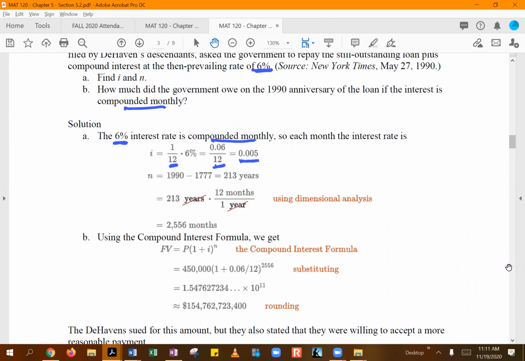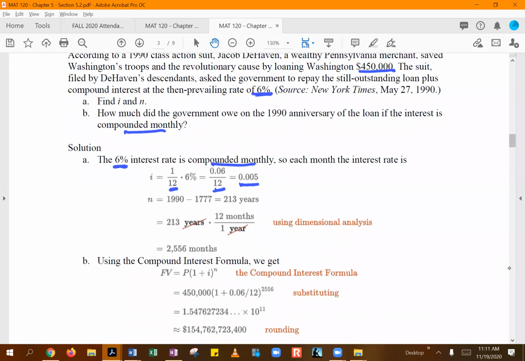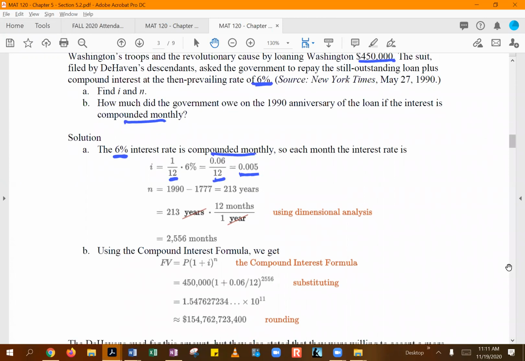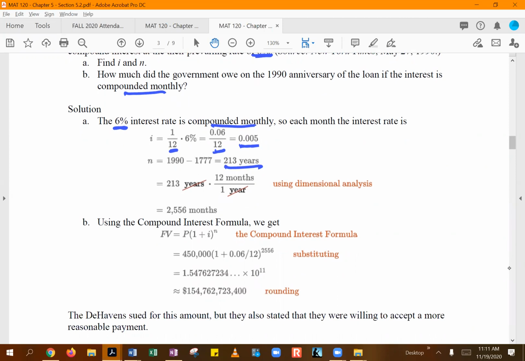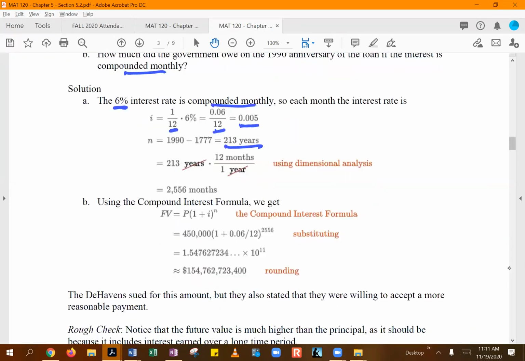That means you're looking at going from 1990, when the lawsuit was filed, back to when the loan was made to George Washington in 1777. So that's a total of 213 years since that happened. And since we're talking about compounding monthly, you take your 213 years and multiply by 12 months.